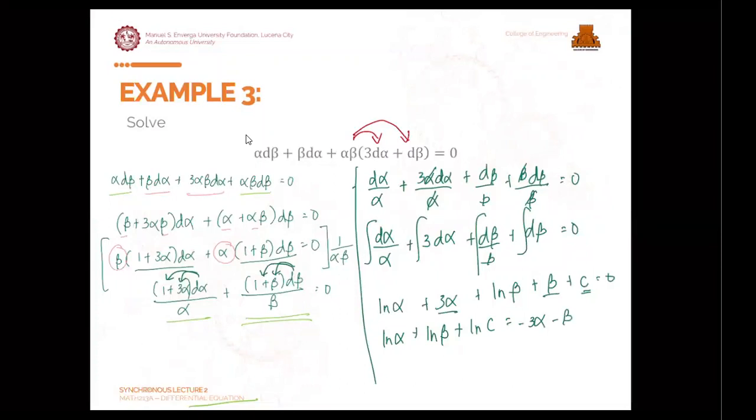Then, pag sinimplify natin, since ito is naka-addition, property ng natural logarithm, pwede siyang maging isang ln lang. Then, alpha, beta, times c is equals to negative 3 alpha minus beta. So, this will be your solution for the given problem.